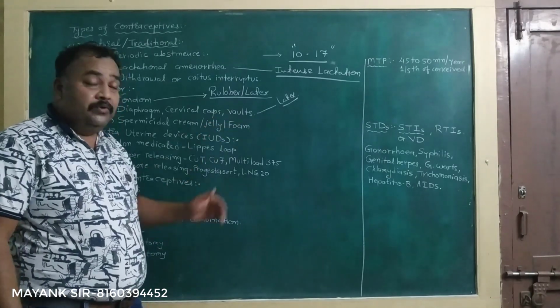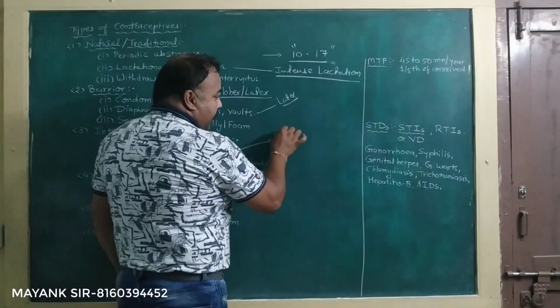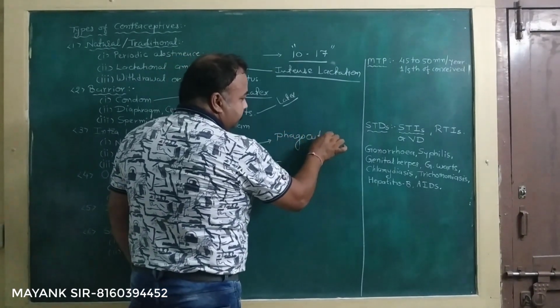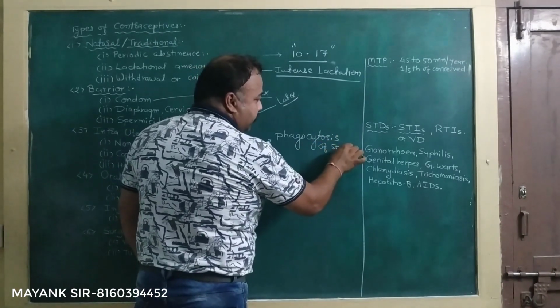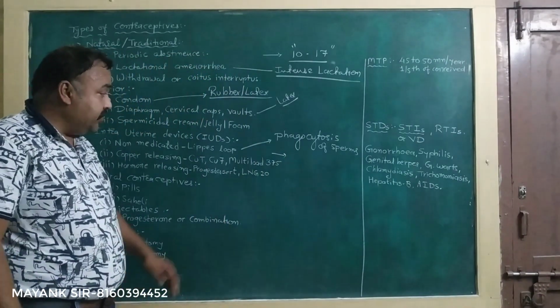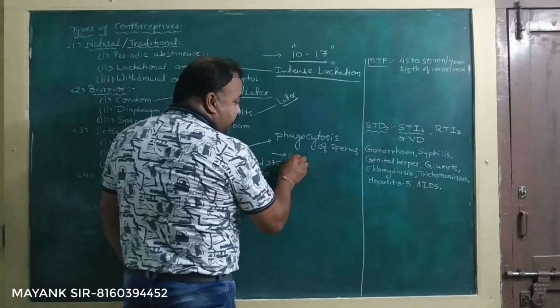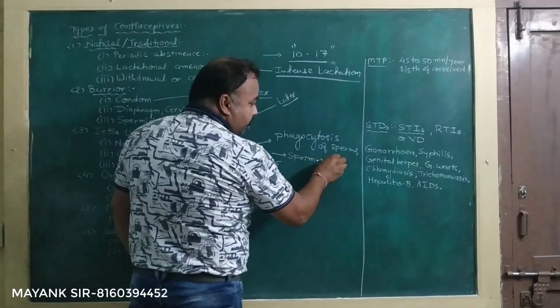So what will the IUDs do? They will increase the phagocytosis of sperms. That is the first one. Second, the copper ions which are released by Copper T or Copper 7 have a spermicidal effect, that means sperm motility will be decreased.